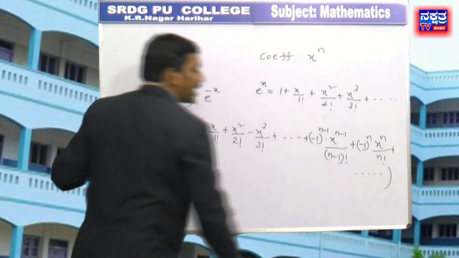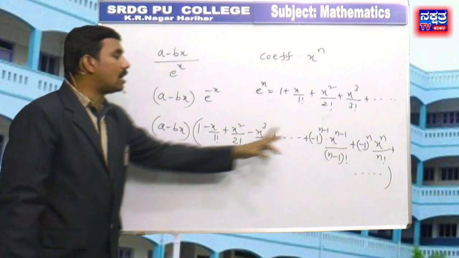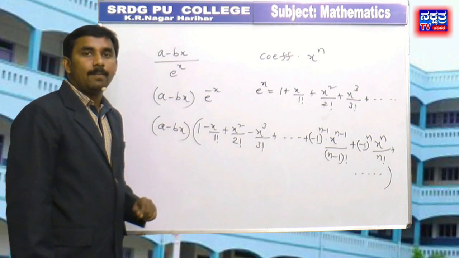So you can close the bracket here. Now these are the terms in the expansion of e^(-x).